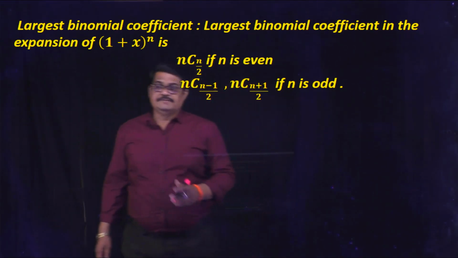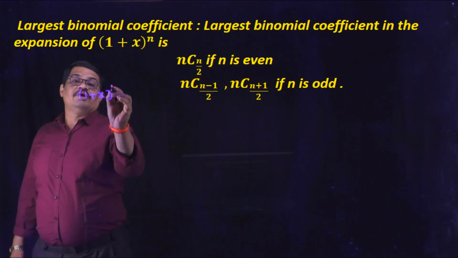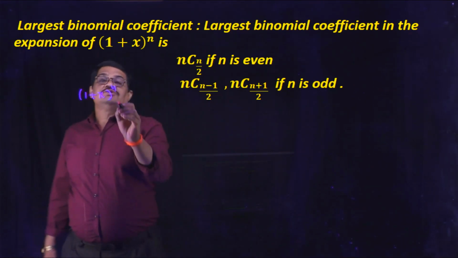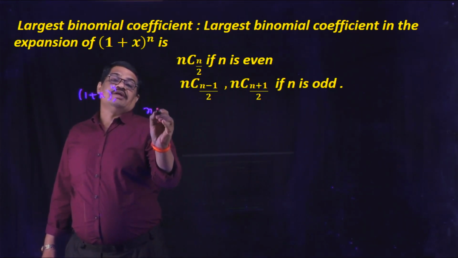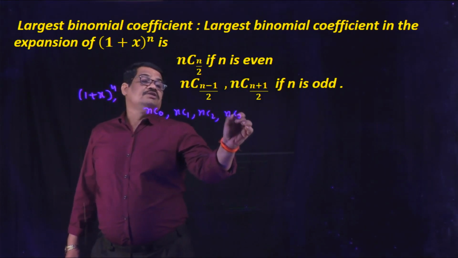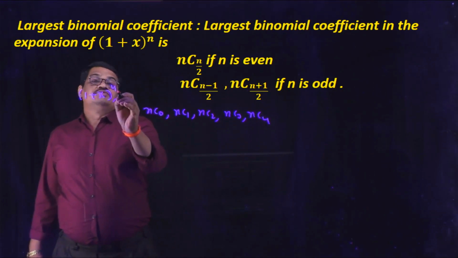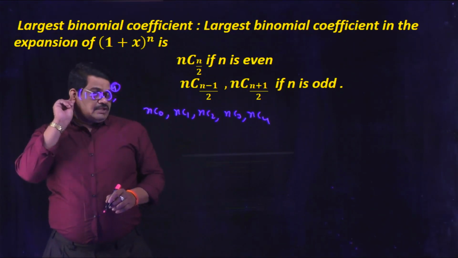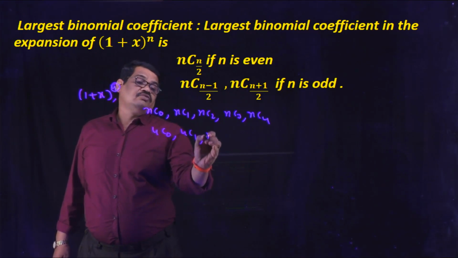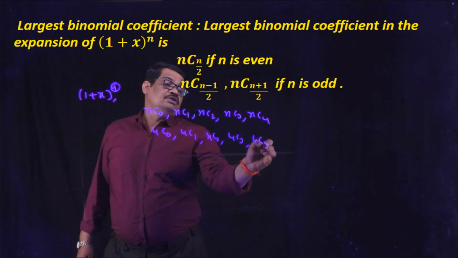Here we are writing (1 + x)^4. So what are the binomial coefficients in that? nC0, nC1, nC2, nC3, nC4. Here n is 4, so we have 4C0, 4C1, 4C2, 4C3 and 4C4.